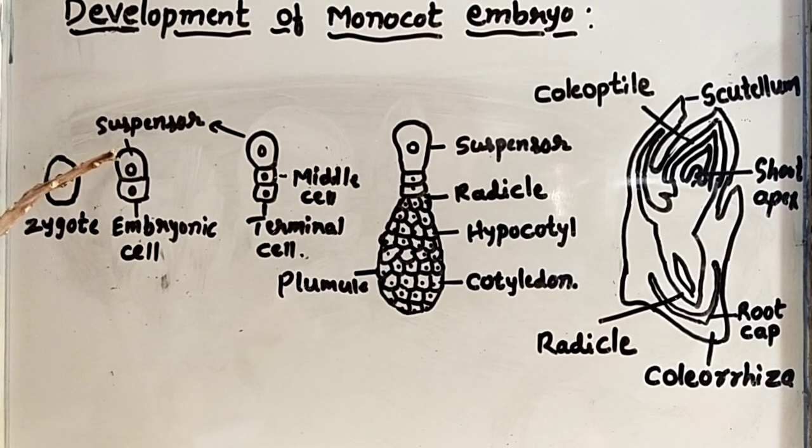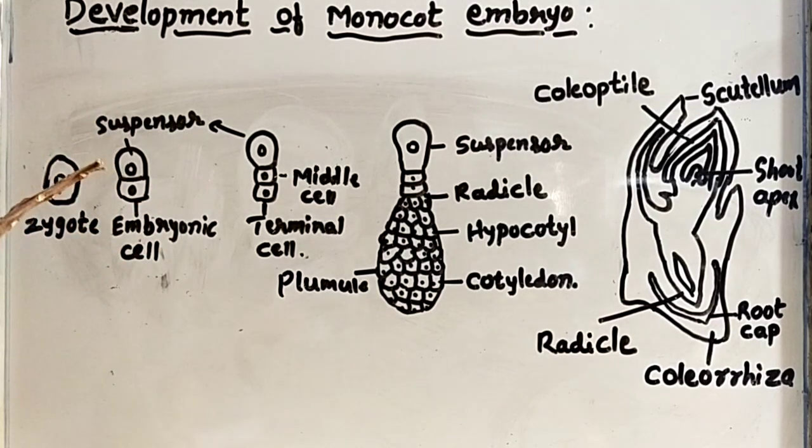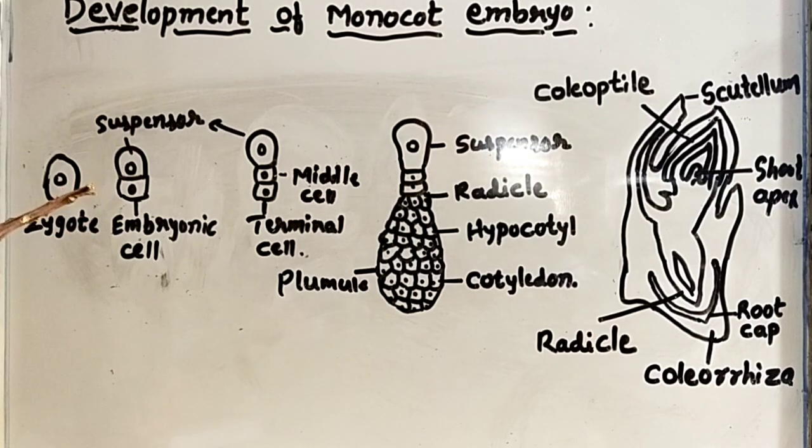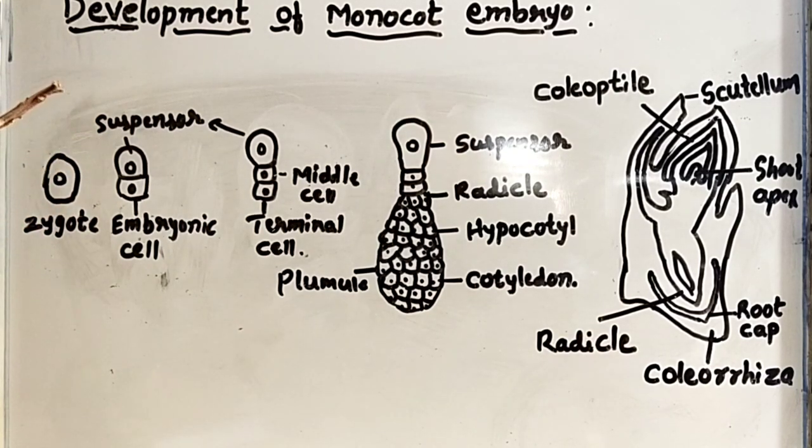That is the upper suspensor cell and the lower embryonic cell. Remember students, in monocot plants the embryonic cell is present towards the chalazal end, whereas the suspensor cell is present towards the micropylar end.